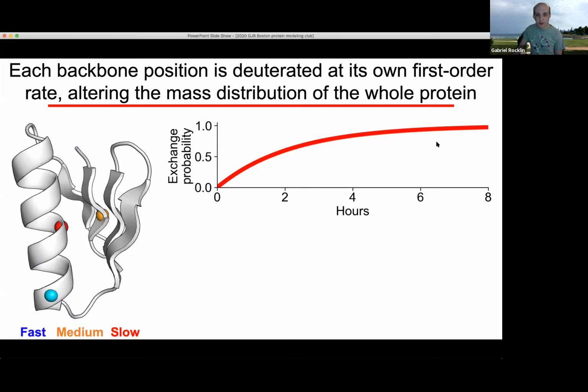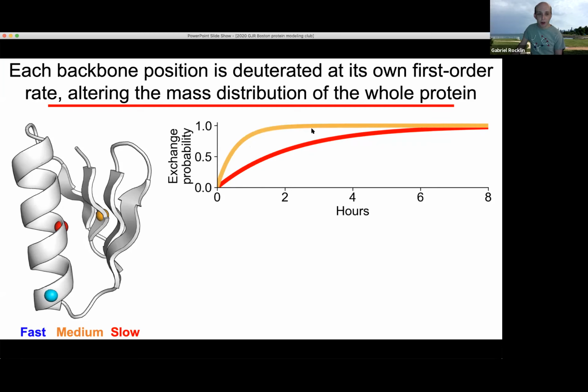So we get this first order exponential decay where initially all the copies of the protein have not exchanged, but after some time period, all the copies of the protein have exchanged at that residue. And so there's a first order rate constant that describes this exchange rate for one particular residue. And a medium residue is going to have a faster exchange rate.